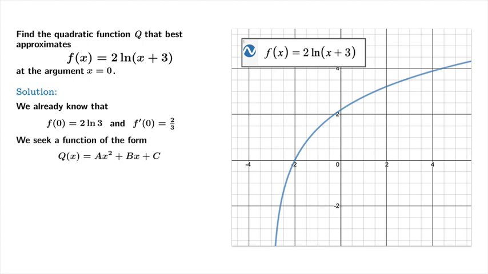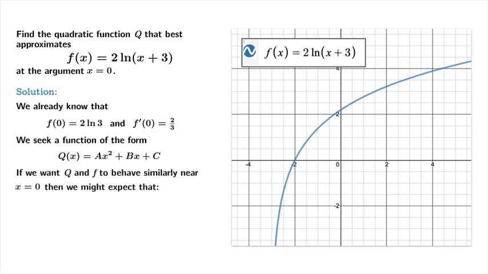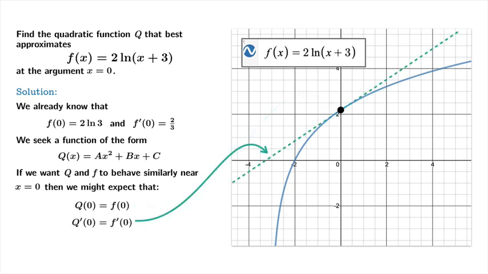So we seek a function of the form ax² + bx + c. If we want q and f to behave similarly near x = 0, then certainly we want the function values to be the same, and we would certainly expect the tangent slopes to be the same. This function should be shooting along the same tangent slope if it's going to be a good approximation.